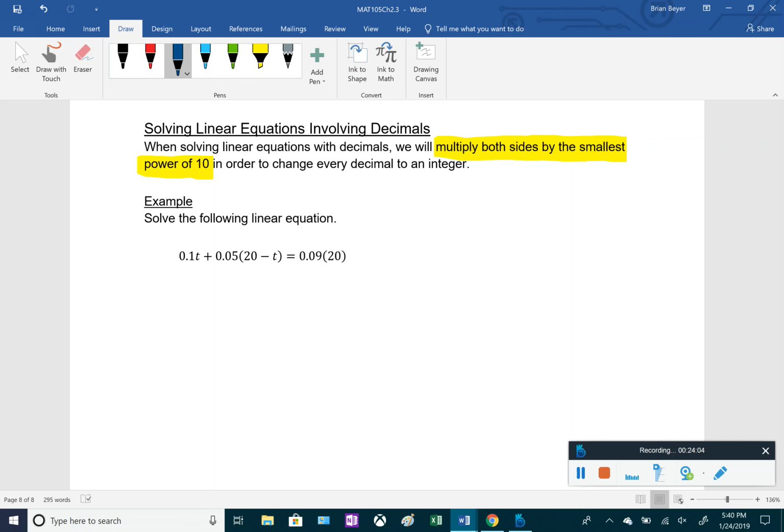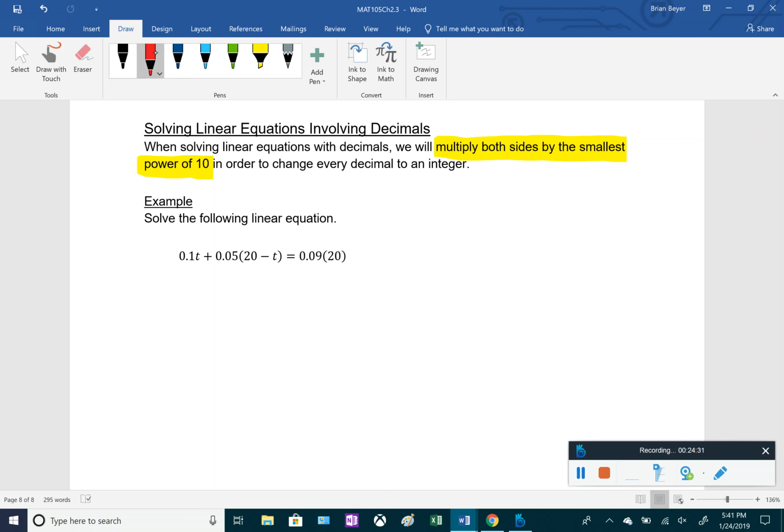So we have 0.1t plus 0.05 times 20 minus t equals 0.09 times 20. So the smallest power of 10: we have one number in the tenths. 0.1 is in the tenths place. 0.05 is in the hundredths place. And 0.09 is also in the hundredths place.